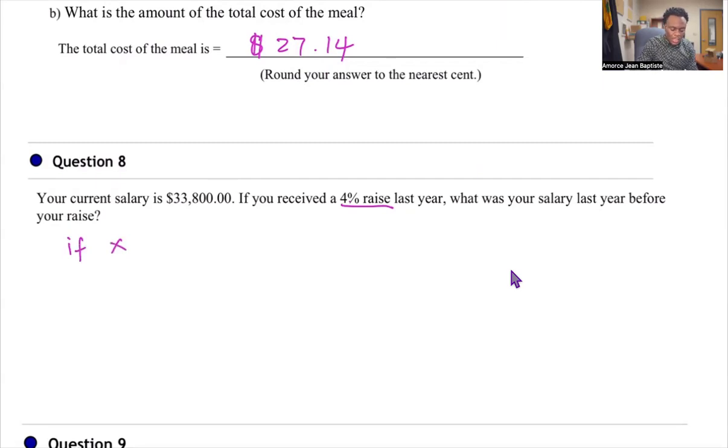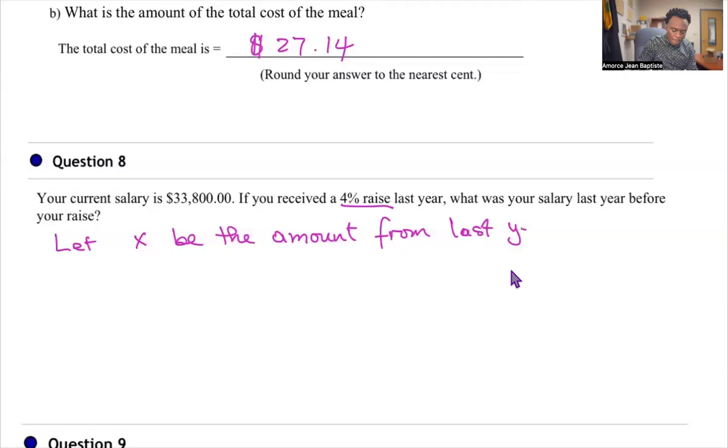Let X be the amount from last year. That means X plus 4% of X, which is 0.04X, is going to be this amount.